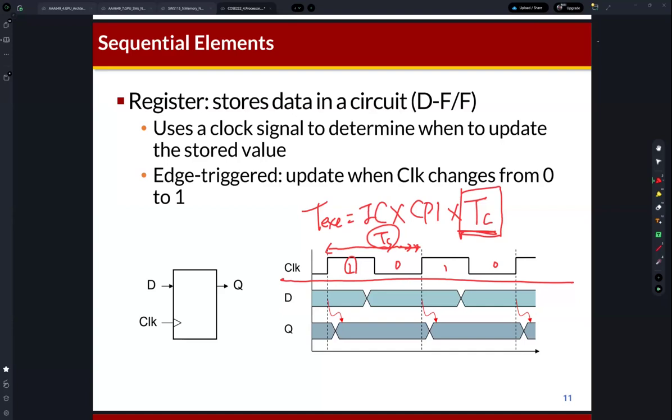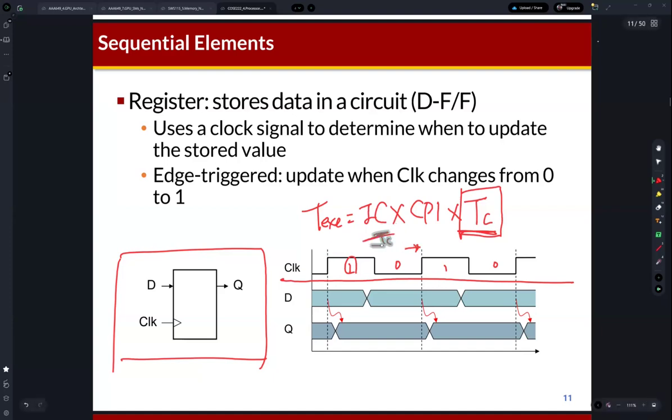But the CPU is also designed based on this clock signal, like a sequential logic. Okay. So actually, this is the system where we implement the sequential logic using D flip-flops, and you need to understand the behavior of the D flip-flop.